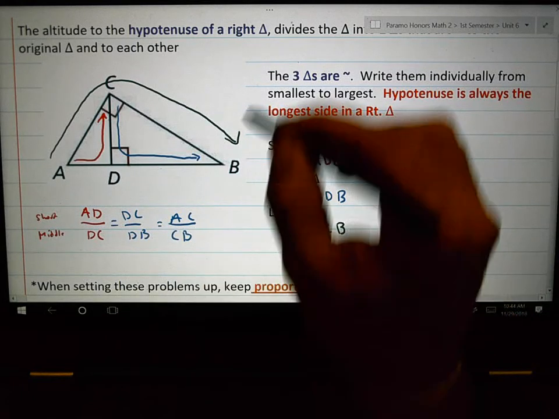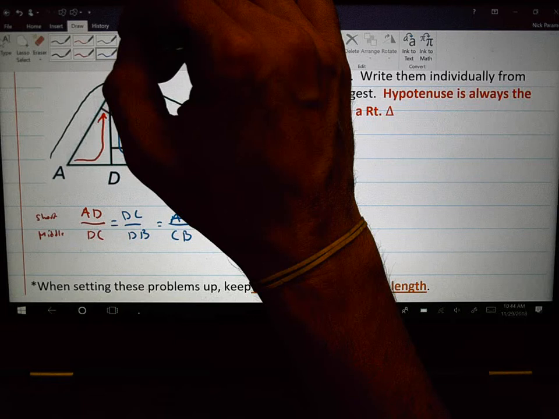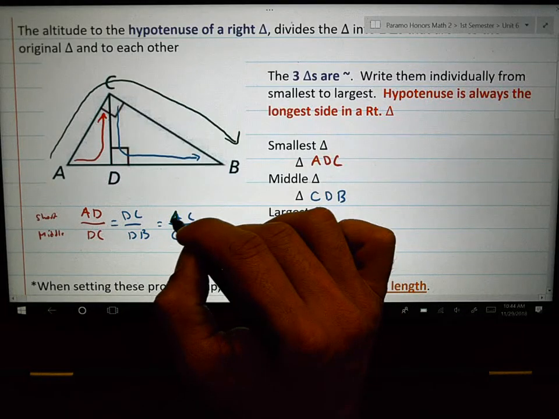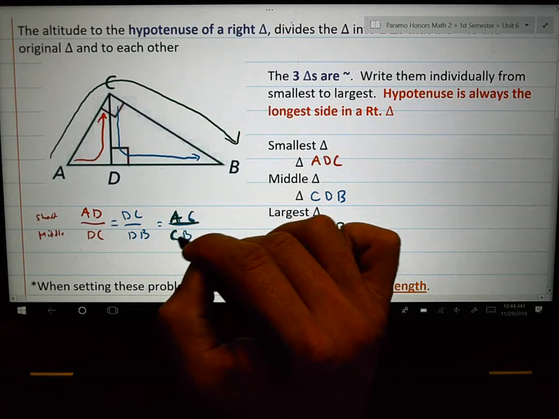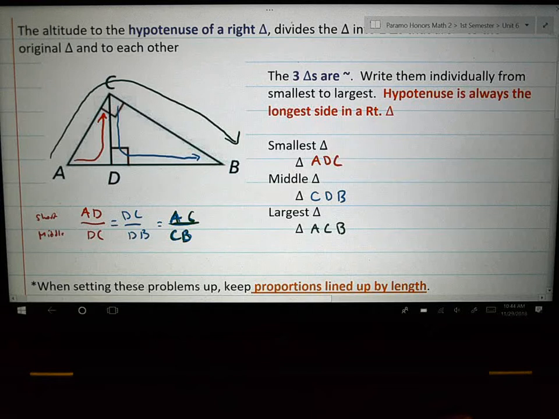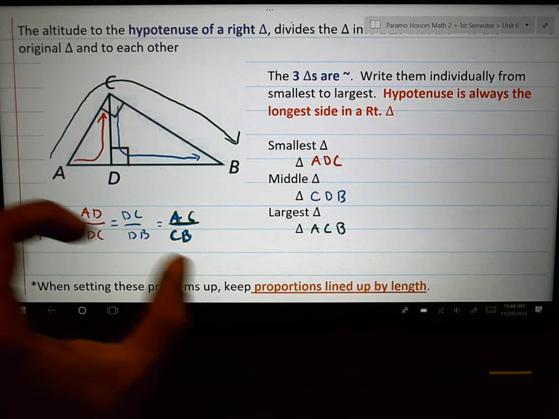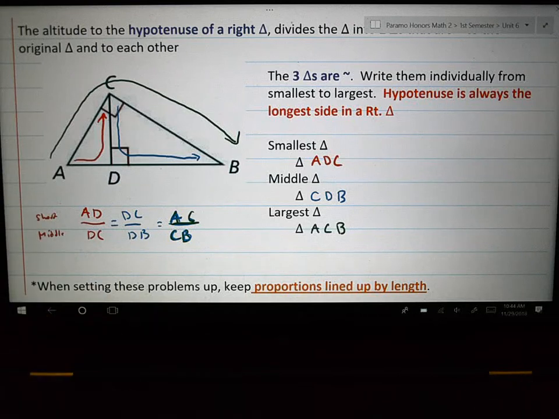That was supposed to be in green. I didn't quite get that to be in green, so I'm going to try that one more time. Green and green. Hopefully that looks a little bit better. And that's just the shortest side compared to the middle, and these are all proportions you could use to solve any of the problems down below.